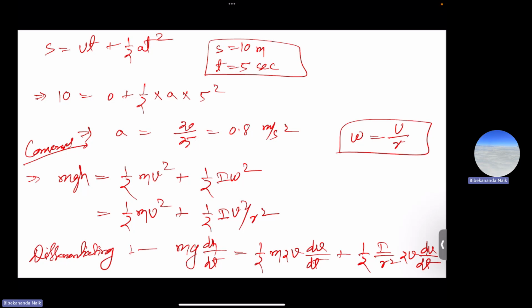So it will give us mg into dh by dt, which is v, equals to m v into dv by dt, which is a, plus I by r square v into a. So now we need to find out the value of I. All the values we know here.